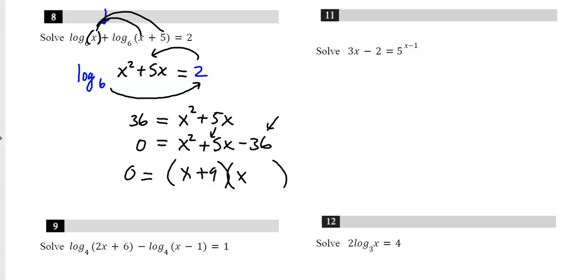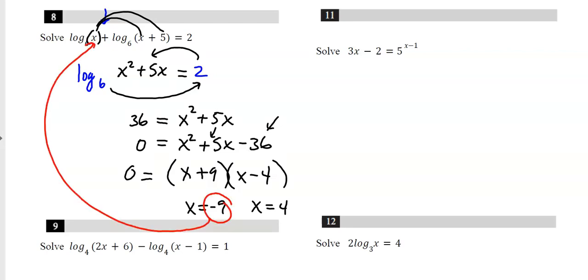I believe these would be the 2 factors that can do that. When I zero it out, I get negative 9 and positive 4. But I'm not allowed to put that negative 9 right there. You can't have the log of a negative number, so this one is not a real solution. The correct answer here is just x equals 4.